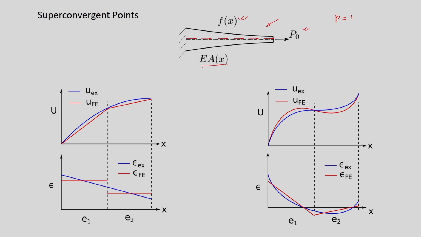Suppose the exact solution to the problem is shown by the blue curve here, and the finite element solution, because we have taken linear shape functions, varies linearly in each of the elements, as demonstrated by the red line.